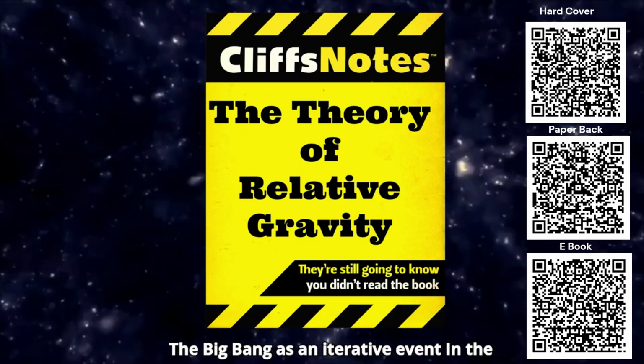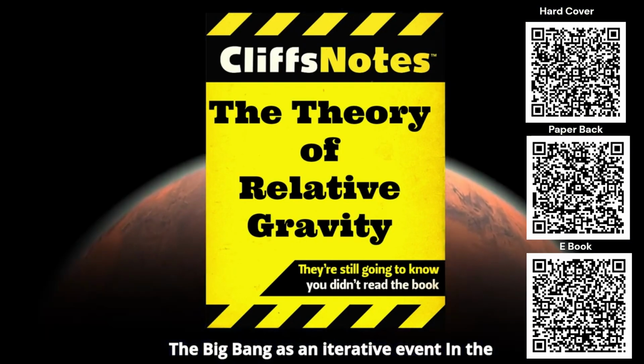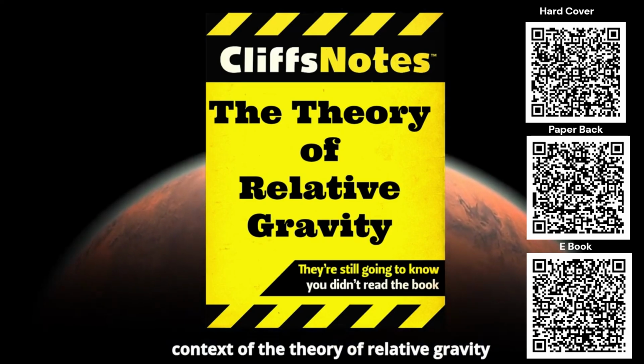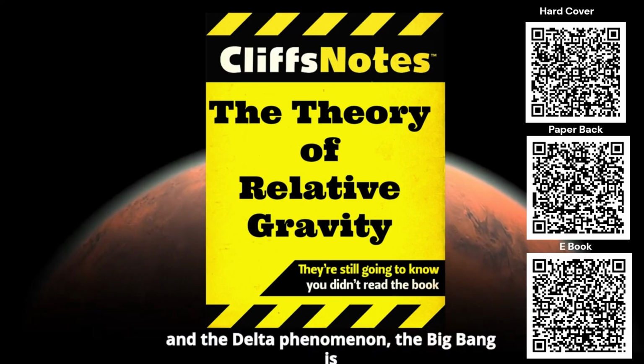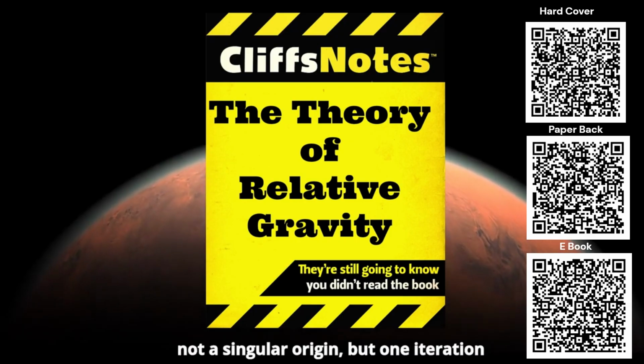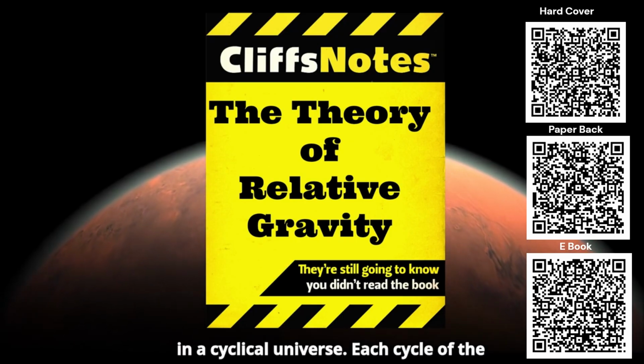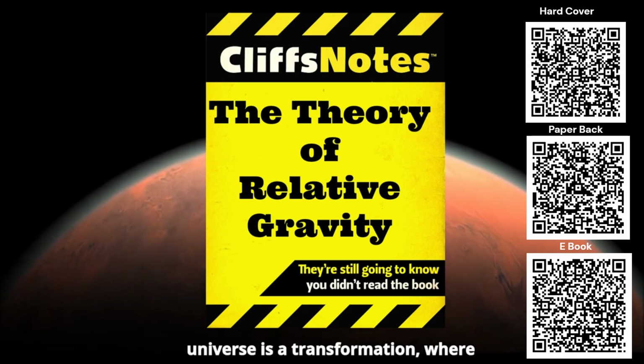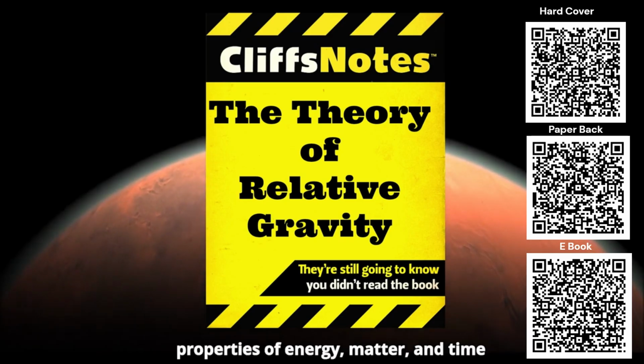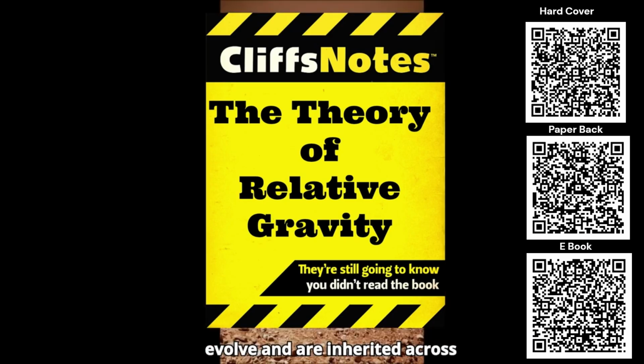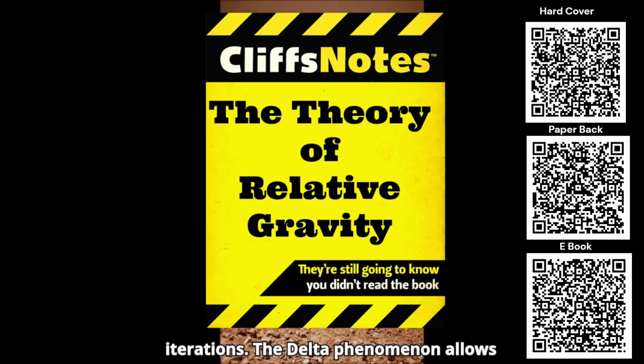Conclusion: the Big Bang as an iterative event. In the context of the theory of relative gravity and the delta phenomenon, the Big Bang is not a singular origin, but one iteration in a cyclical universe. Each cycle of the universe is a transformation, where properties of energy, matter, and time evolve and are inherited across iterations.